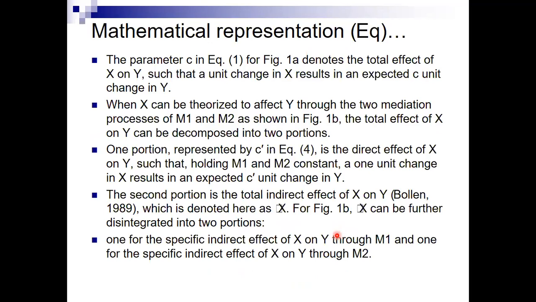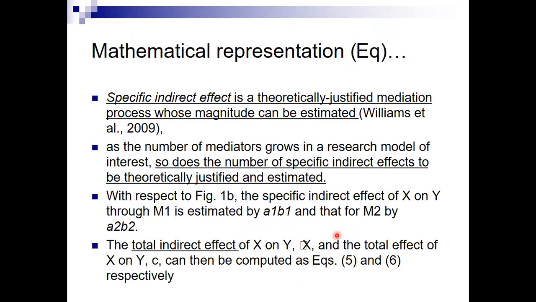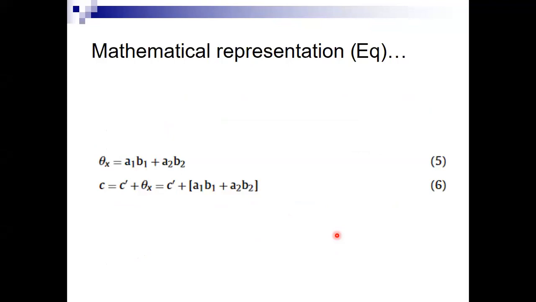Then the total indirect effects of X on Y, and the total effect of X on Y, which is C, can then be computed, of course, using equations 5 and 6 here. So for example, you have theta X here.